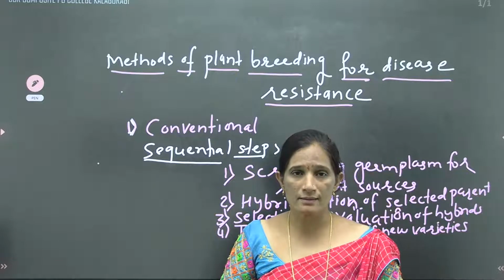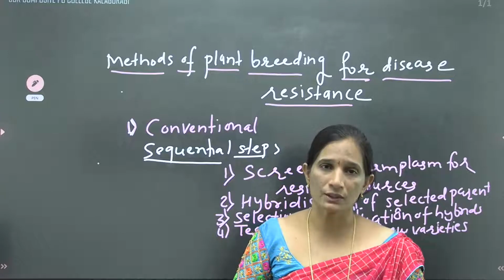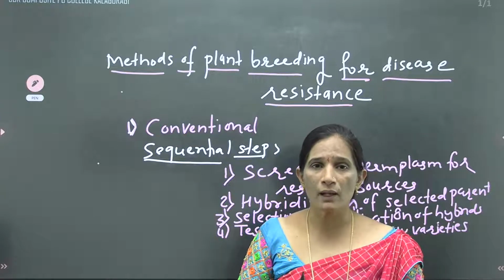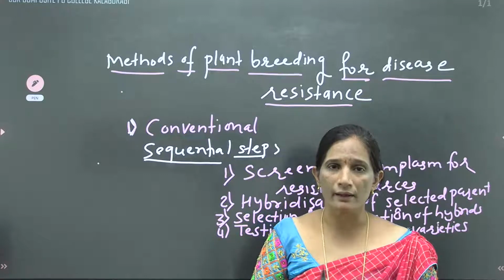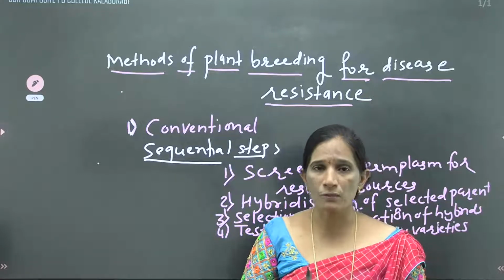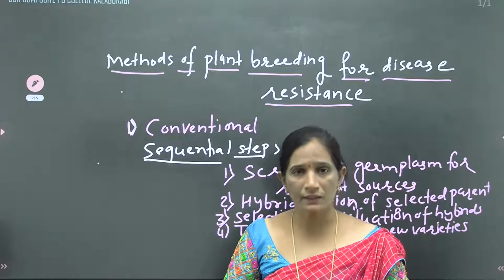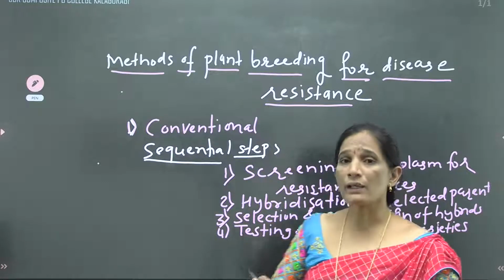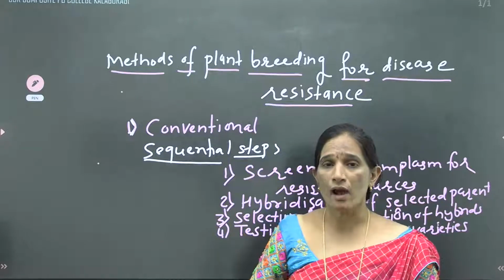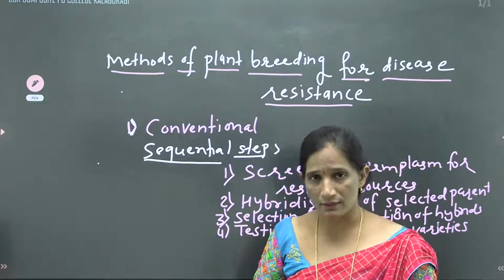In the previous classes, we said what is meant by hybridization: a cross between two plants differing from each other genotypically in one or more characters to produce fertile offspring is called hybridization. Is it clear? So the plants we select, we have to cross.